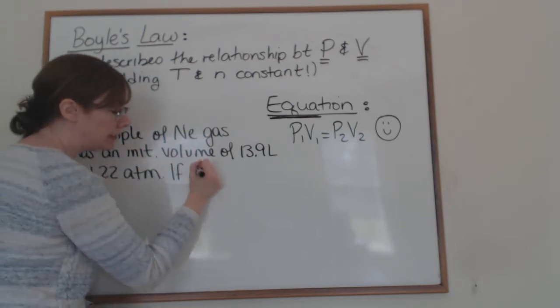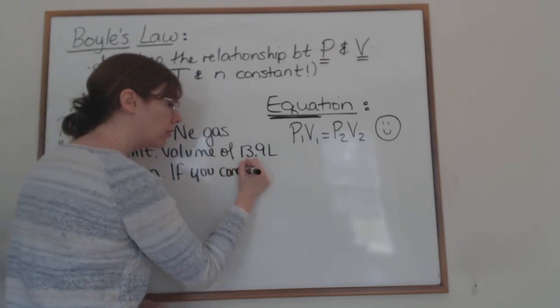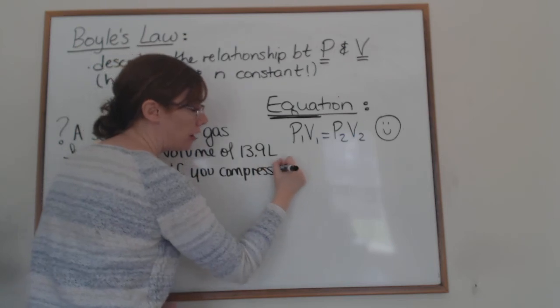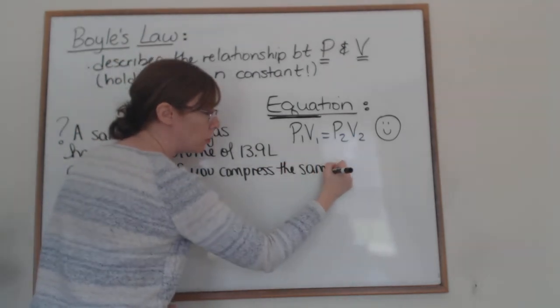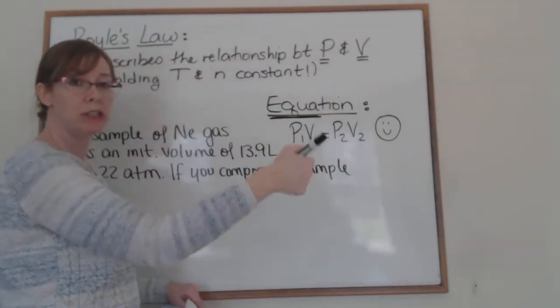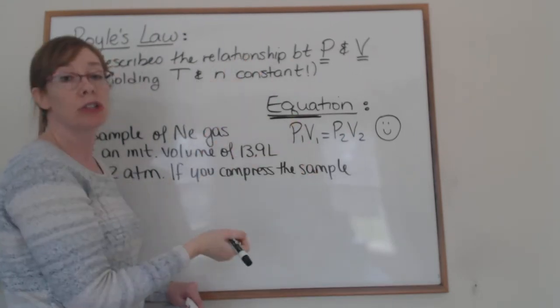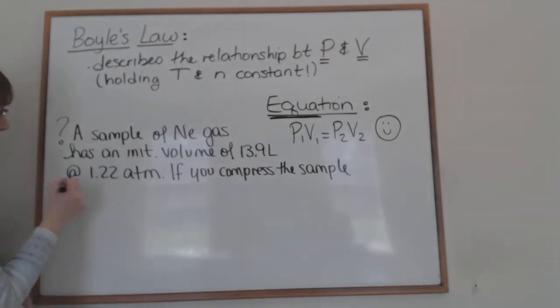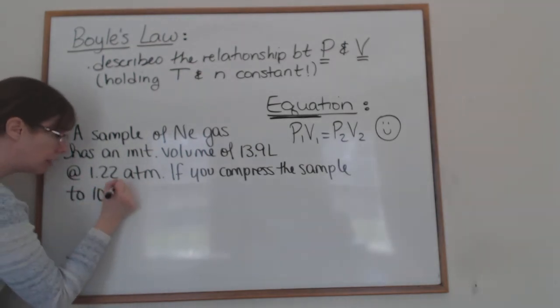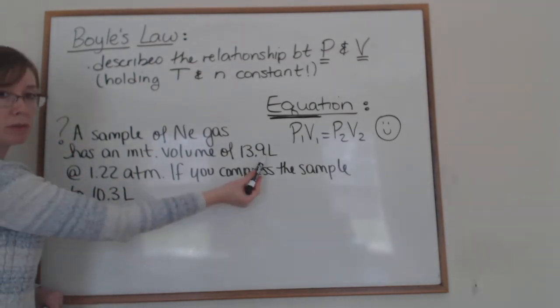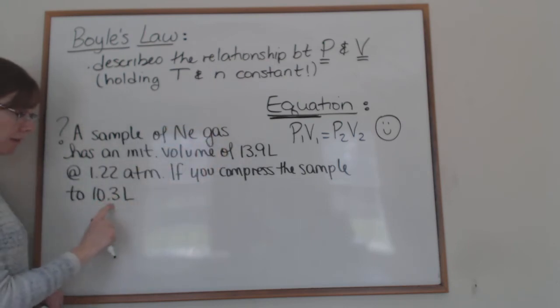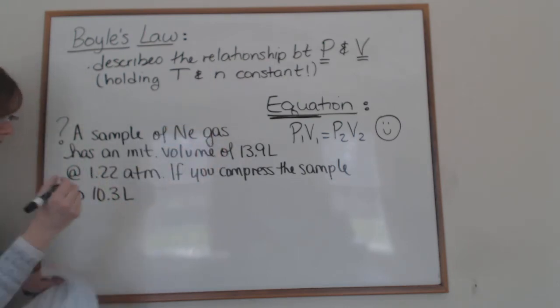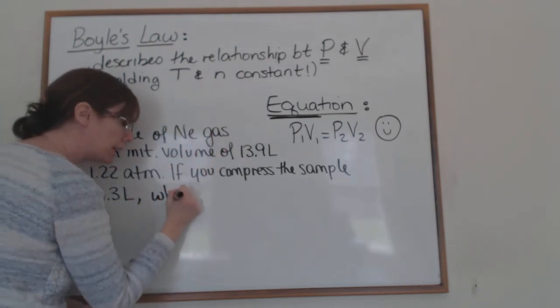If you compress the sample, and understanding when you compress the sample, what you are doing is you are essentially pushing down that plunger. You are lessening the volume. So if you compress the sample to 10.3 liters, you can see that I did. I went from 13.9 liters and I made it 10.3 liters. The question is, what will its pressure be?